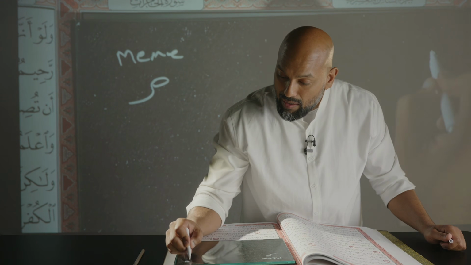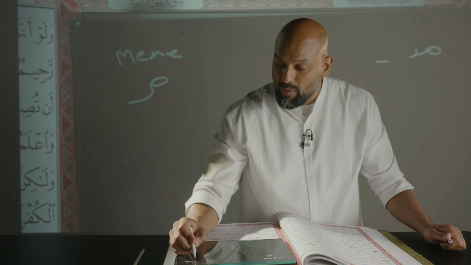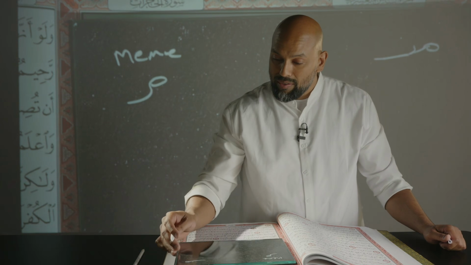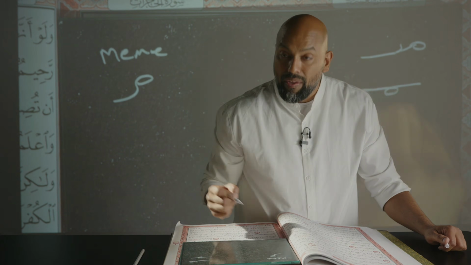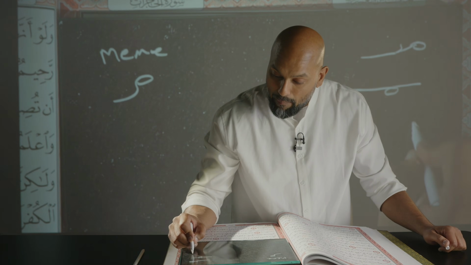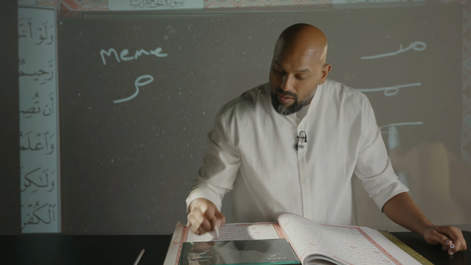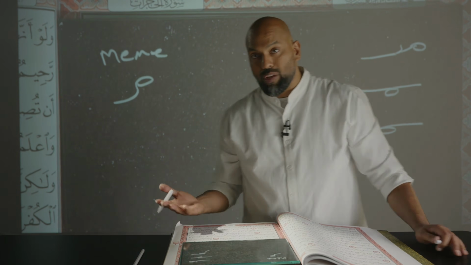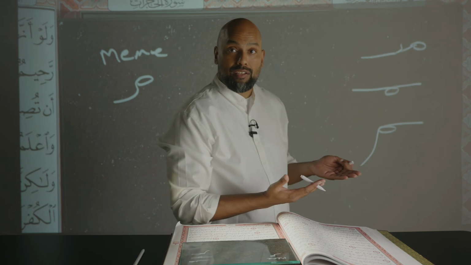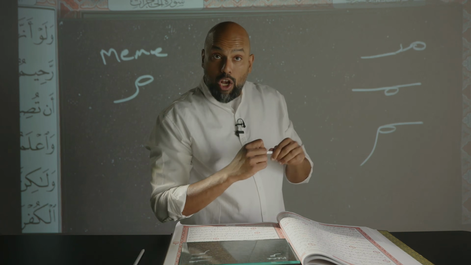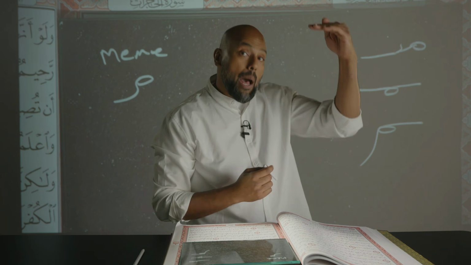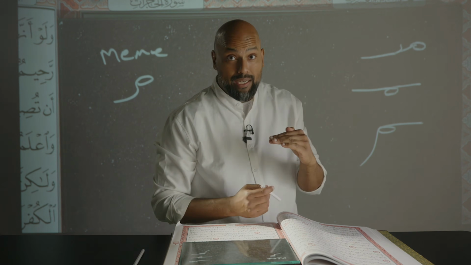Well, in the beginning, it'll look like this, and then it'll continue with whatever the word was. In the middle, it'll start, and then it'll be on the bottom, and it'll continue. And in the end, it'll continue, and then it'll kind of go like that, right? And so it's basically a loop-de-loop, but instead of it being on the top of the line, it is on the bottom of the line.